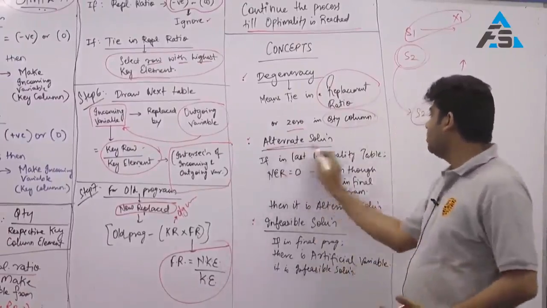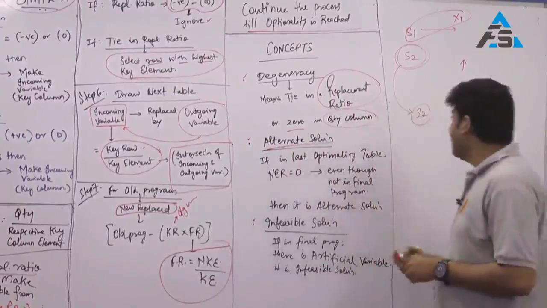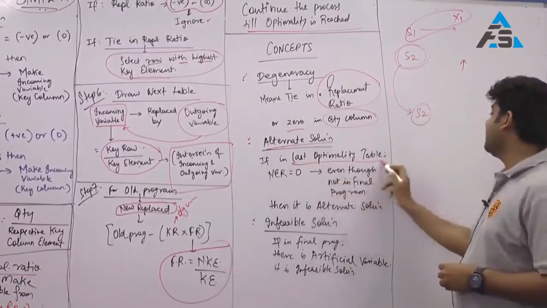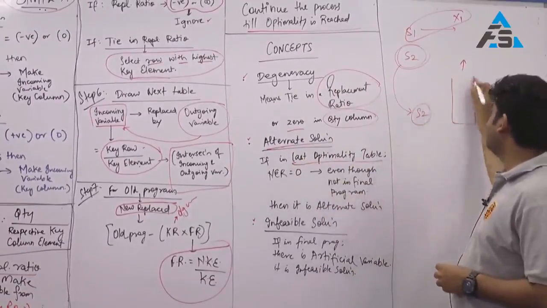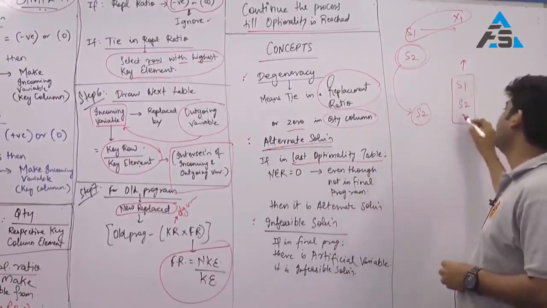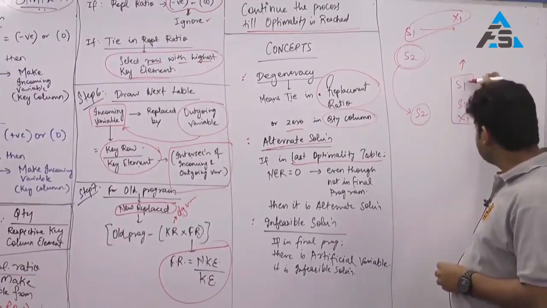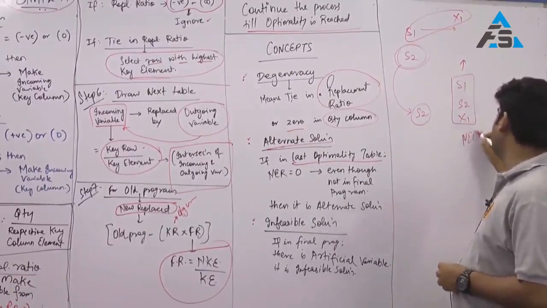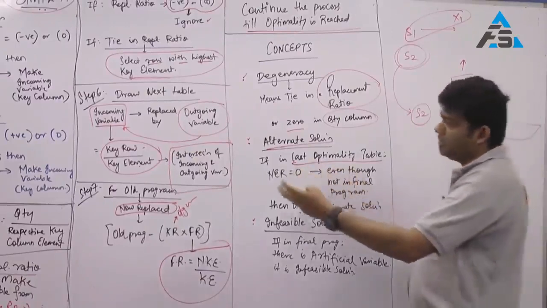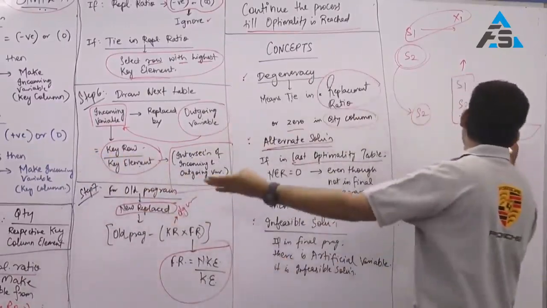Second concept is alternate solution. When do you know that there is an alternate solution? When in your last optimality table, the table which gives you the final answer, say for example S1, S2 and say there is X1. So this gives you an NER which, in case of a maximization type problem, should be less than or equal to 0.